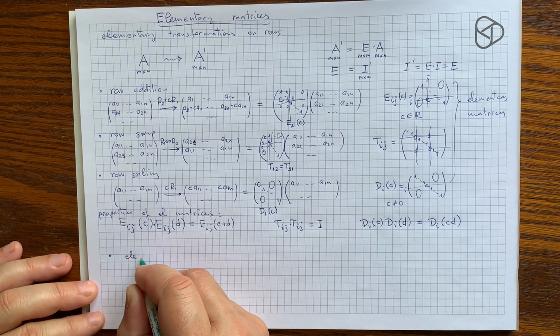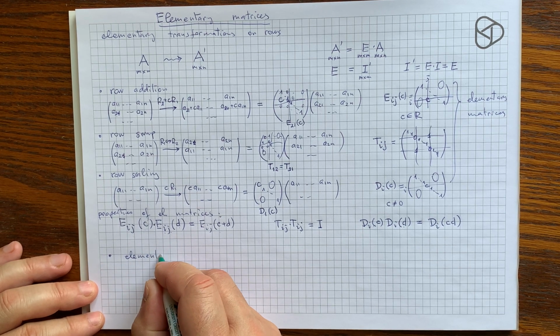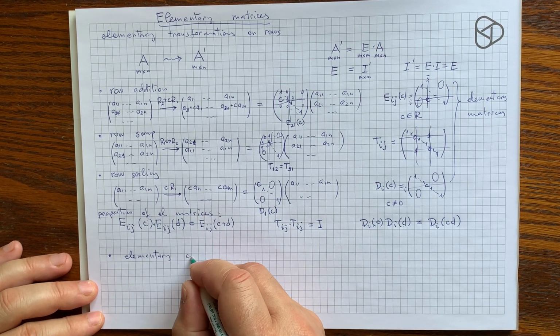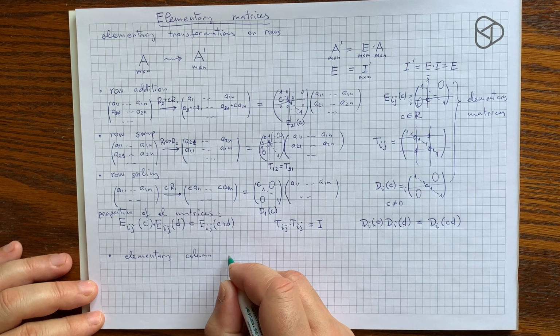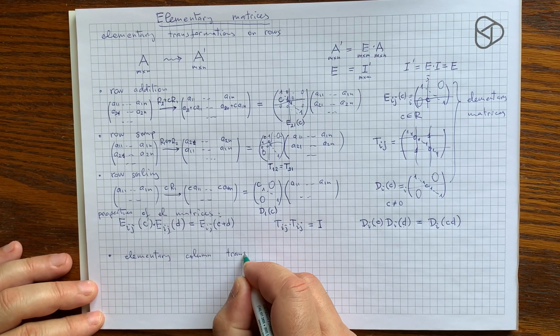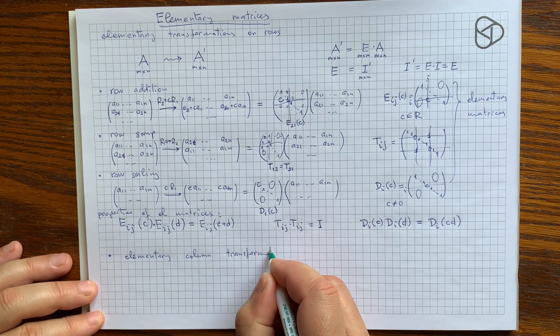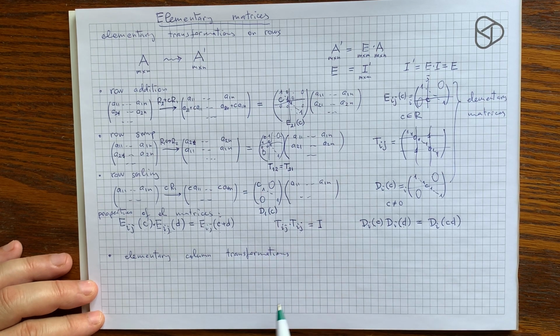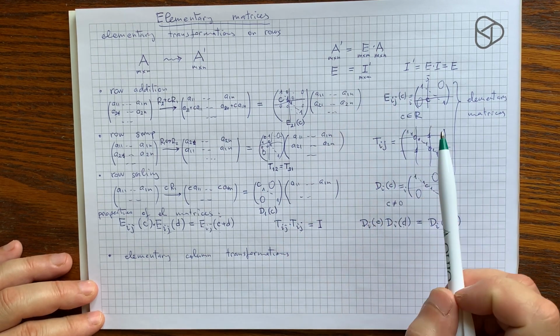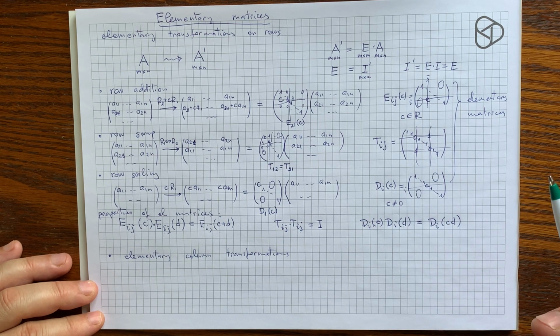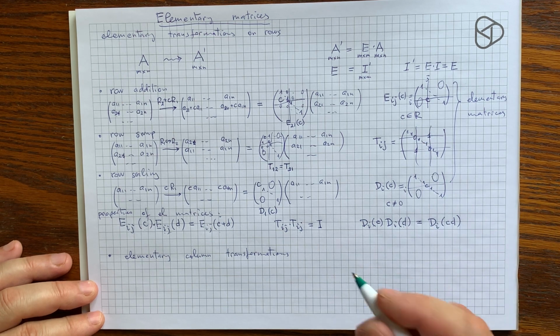So the elementary column transformations can in the very same way be written as matrix products.